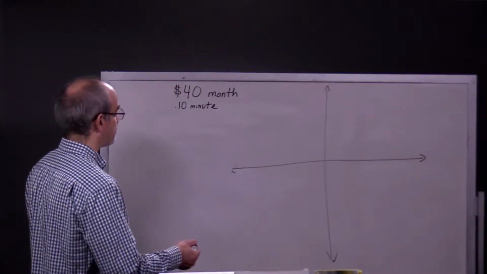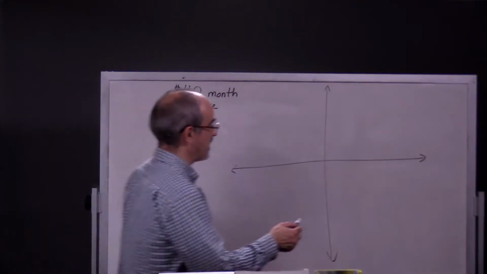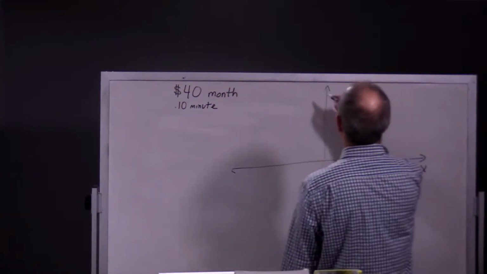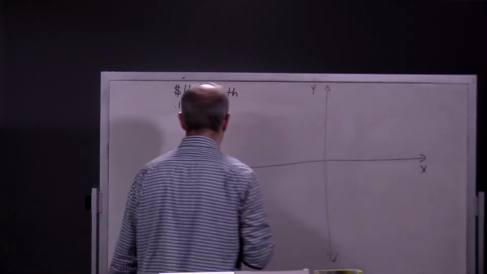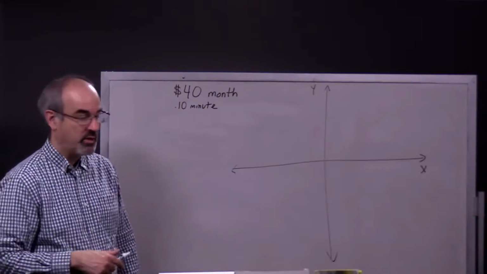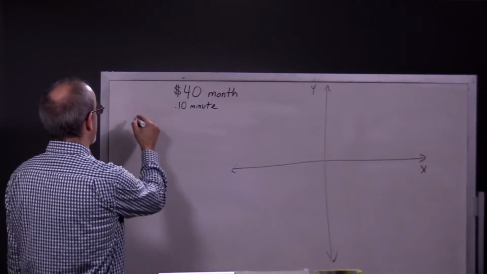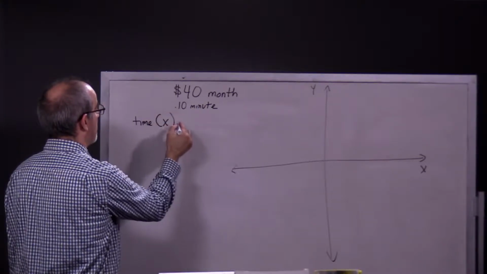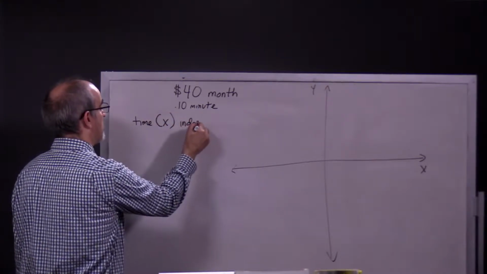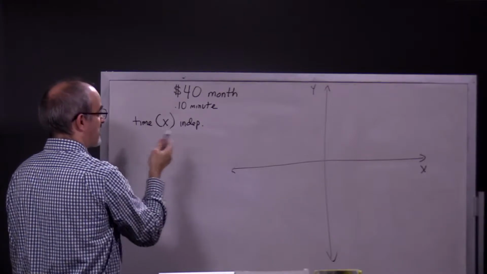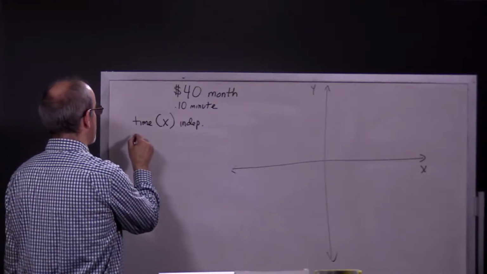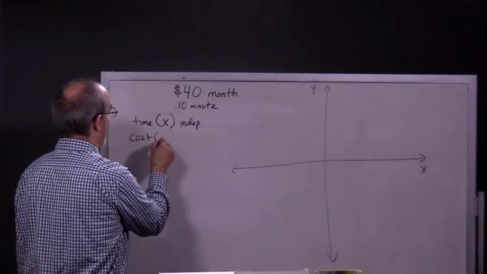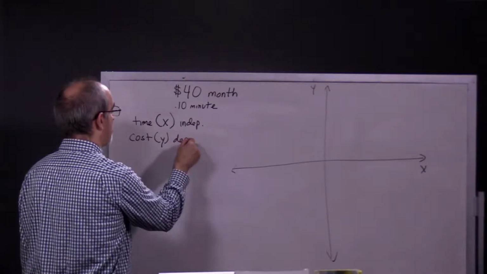Now, usually on an XY Cartesian plane graph, if time is one of the variables, time is the independent variable, or X. The other variable, which in this case is cost, is the Y, or dependent.